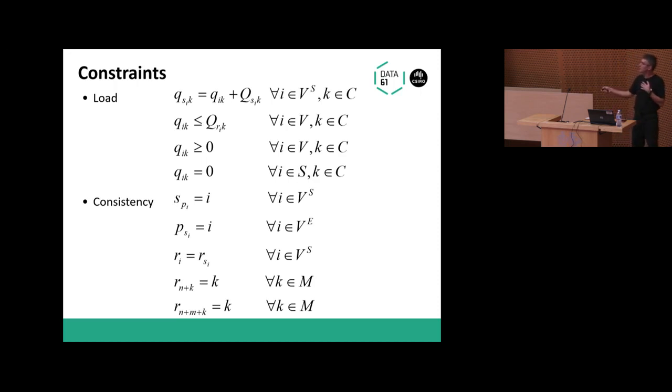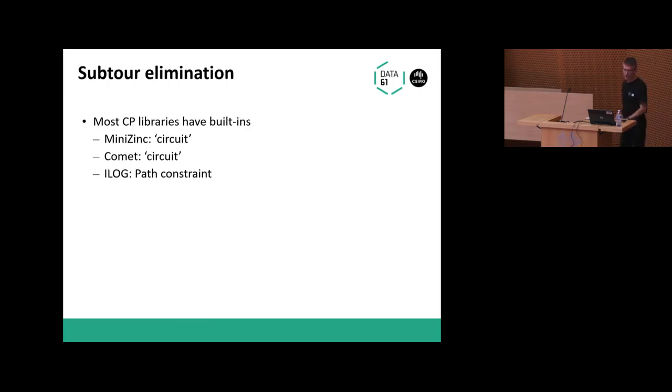And the root of my successor has to be the same as the root of me. And this one says that the starts and the ends are on the right route. Okay, and so rather than that horrible subtour elimination thing that we had to do in ILP, we've actually mostly got built-in circuit constraints in most commercial CP solvers.